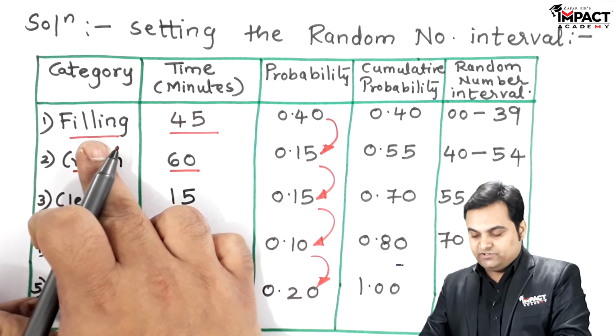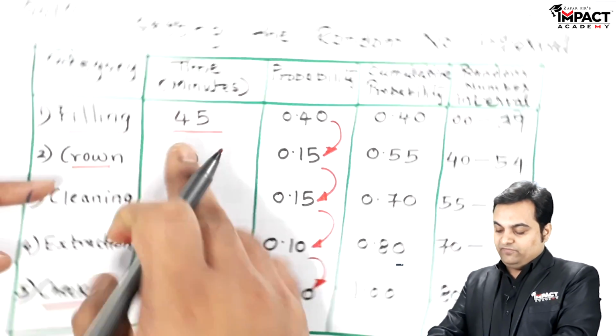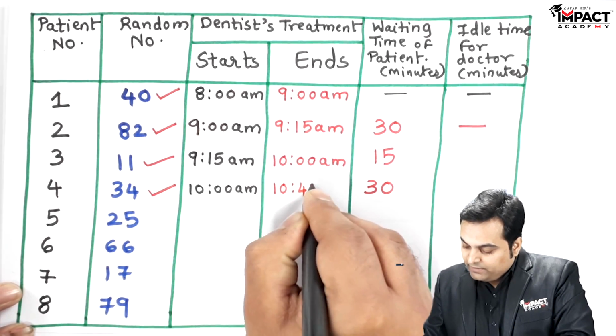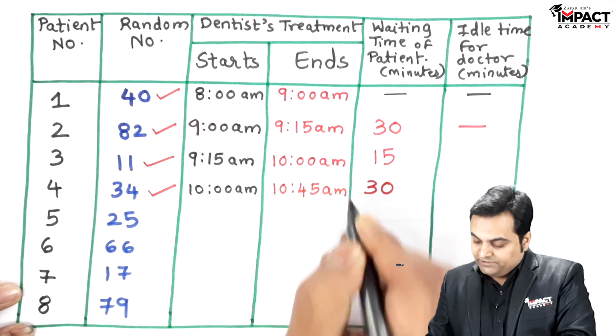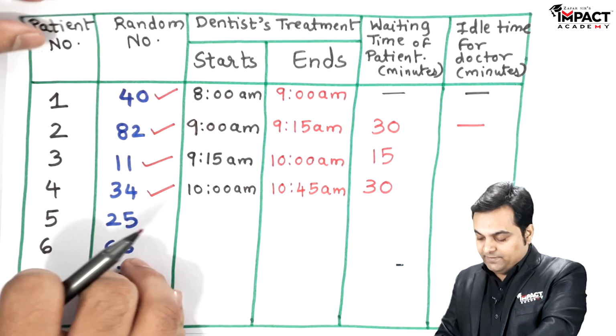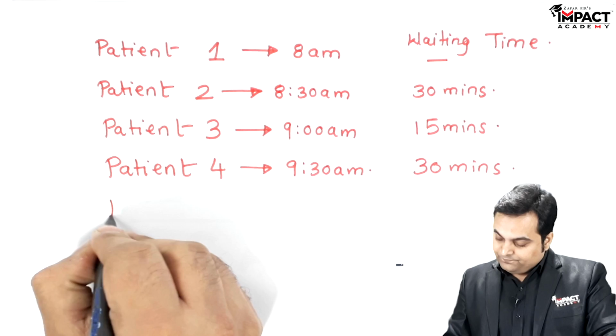The kind of operation is filling, so again it will take 45 minutes. So at 10:45 a.m. the filling will get completed, but another patient has entered at 10 a.m., that is patient number 5.